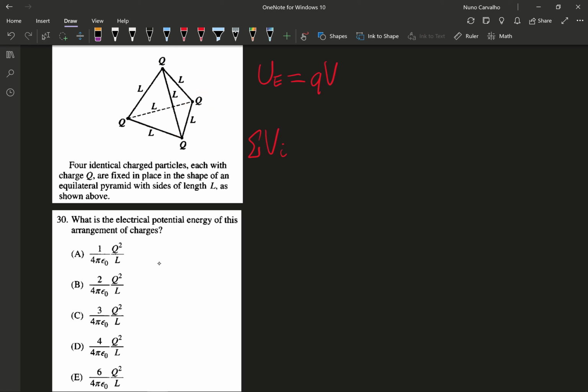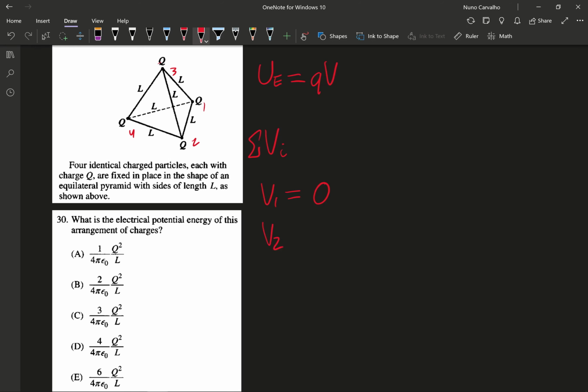So we need to start thinking about, okay, let's just name this 1, 2, 3, and 4. The first voltage is just going to be 0. And why is that? Because there is a voltage of 0 when there are no charges here. Bringing in the first charge is traversing no voltage difference, basically. So the first voltage is just 0.